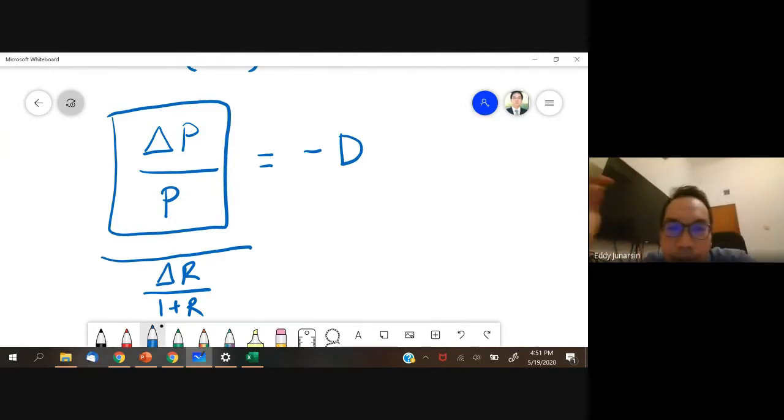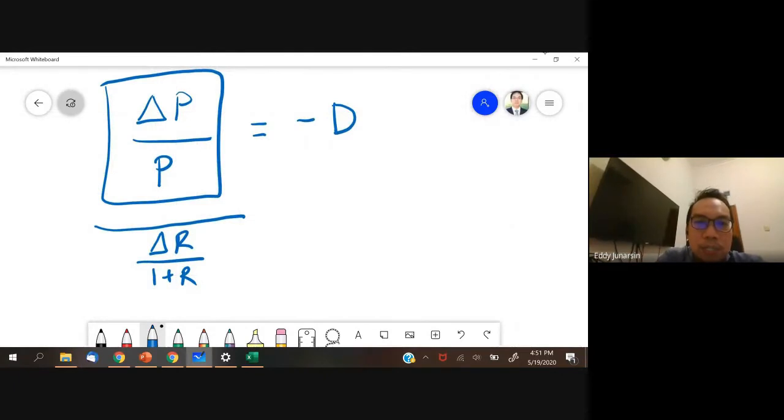So you could define duration as the sensitivity as well, right? Sensitivity of the price of something, like the price of an asset, to the change in interest rate, right? You see the formula here.